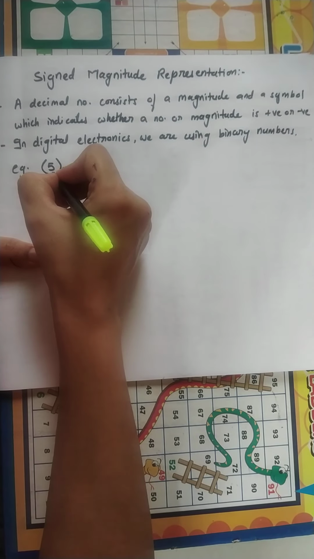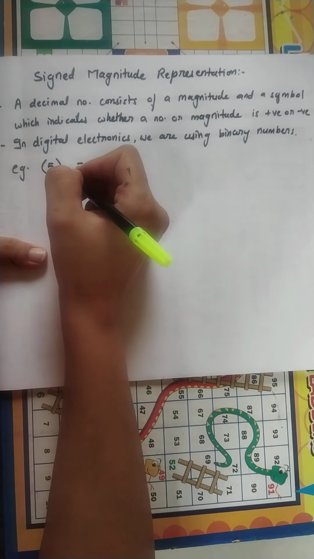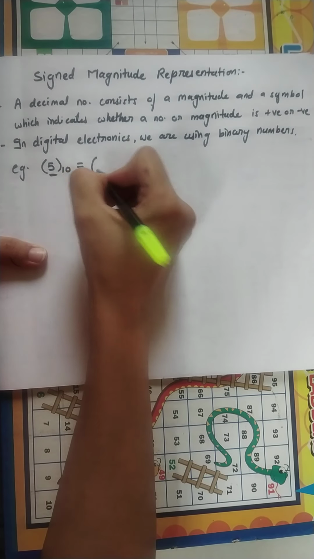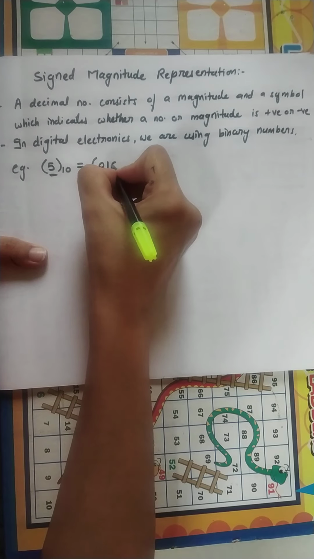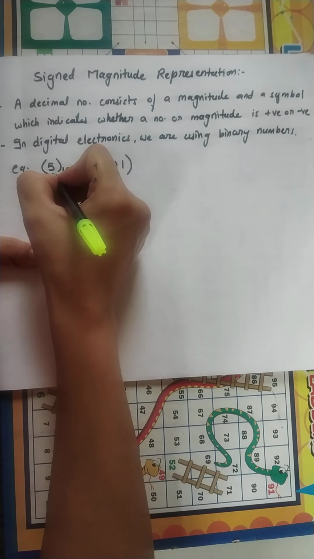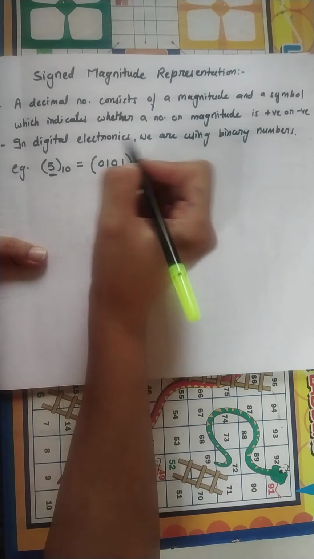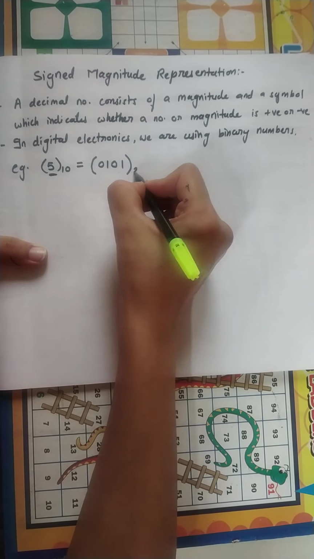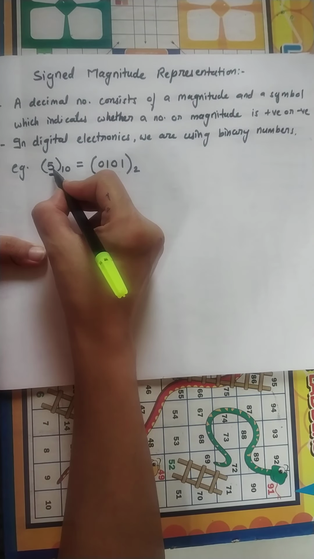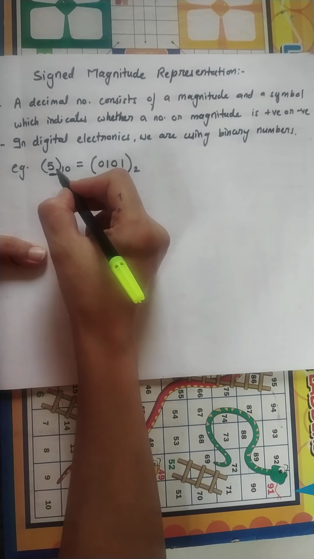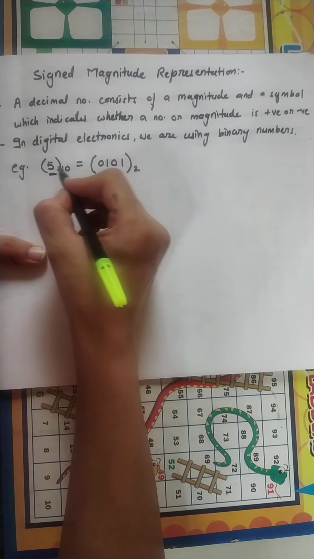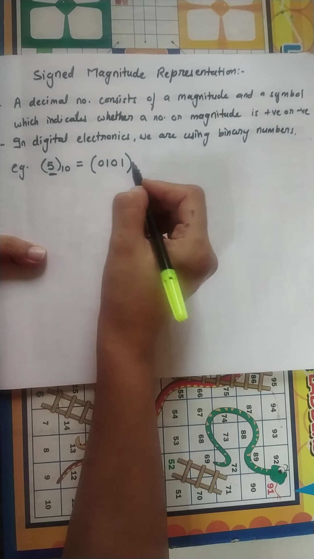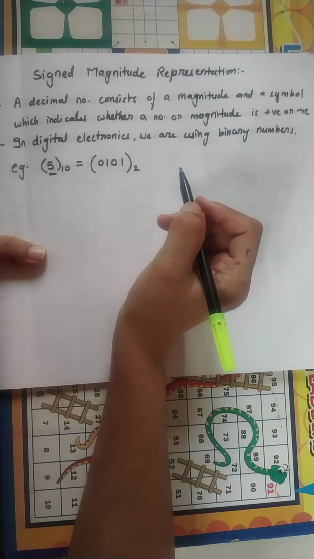For that I'll use 4 bits. The representation of decimal number 5 in binary form is 0101, right? So here, for representing decimal 5, I have used 4 bits.